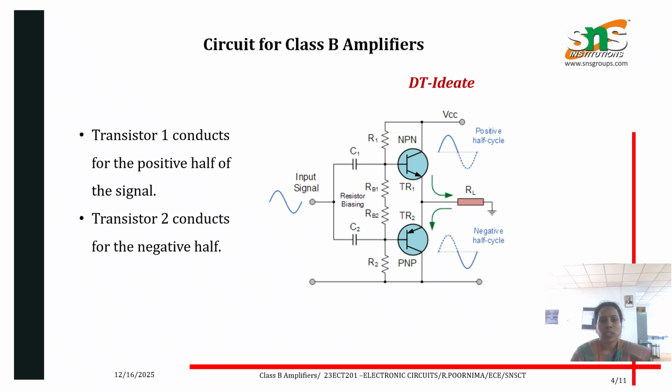Here transistor 1 conducts for the positive cycle of the input signal and transistor 2 conducts for the negative cycle of the input signal. So it combines both the positive and negative cycles at the output of the amplifier. This is the circuit for Class B amplifiers, and biasing is provided by the resistances R1, R2.